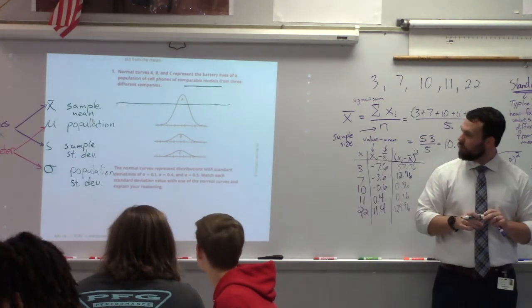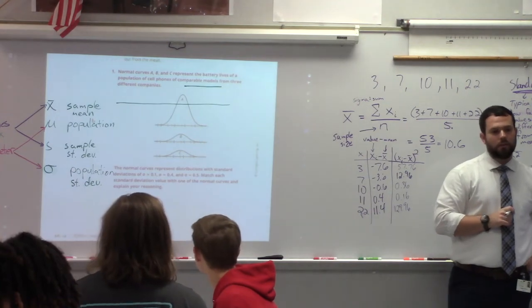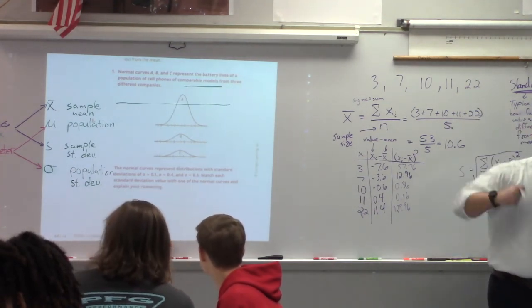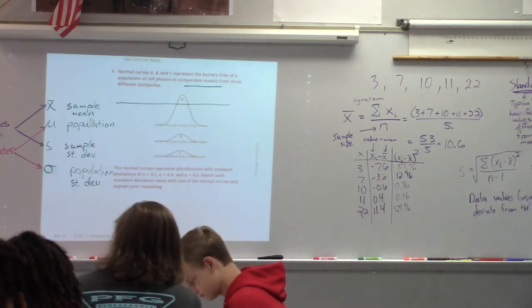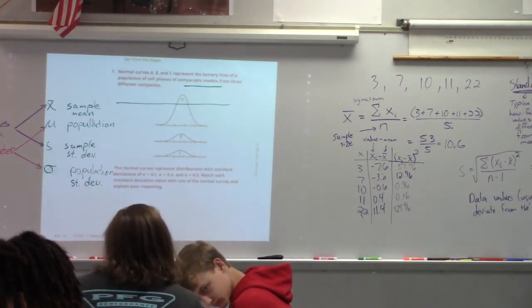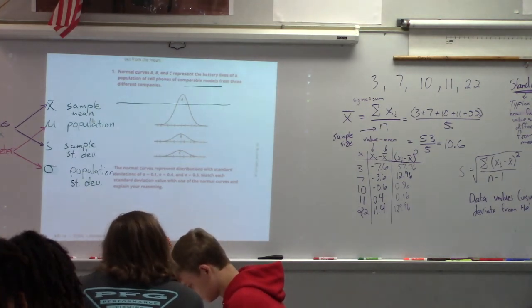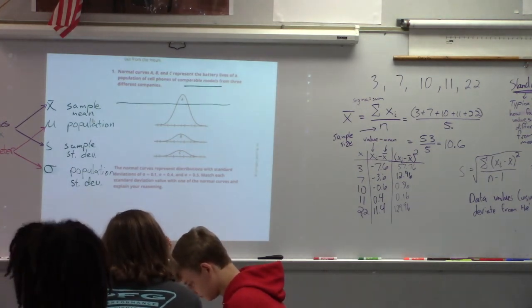C? A. Why am I thinking A? Because it's tall. JC, what are you thinking? I think it's C. A would be 0.5 because it's the tallest. Okay. So anybody want to push back on that or add on to that?